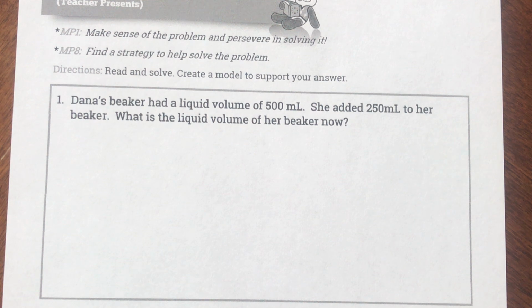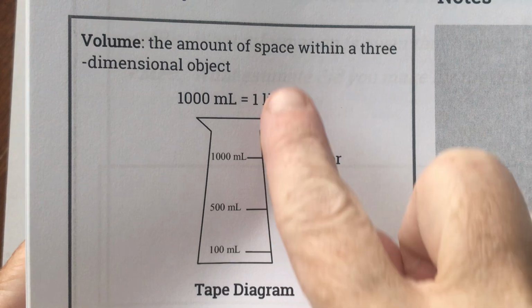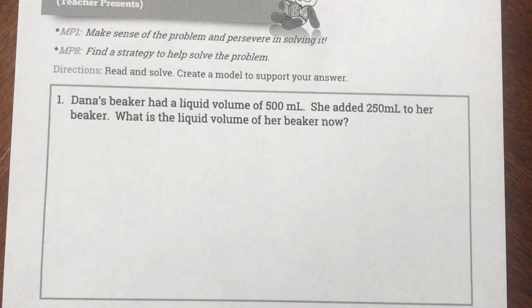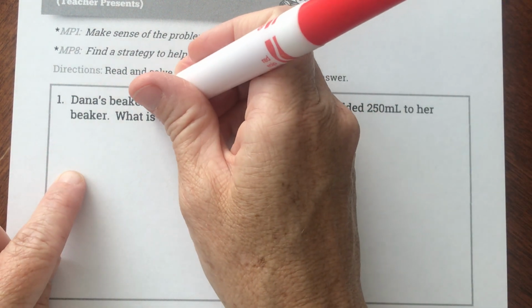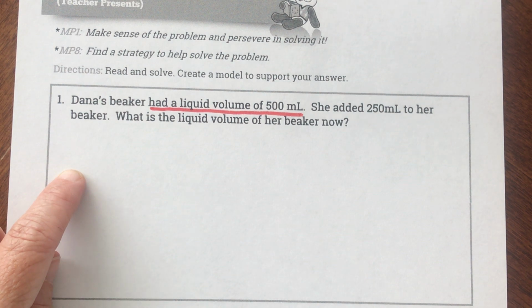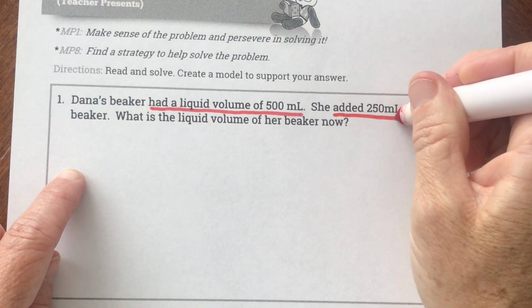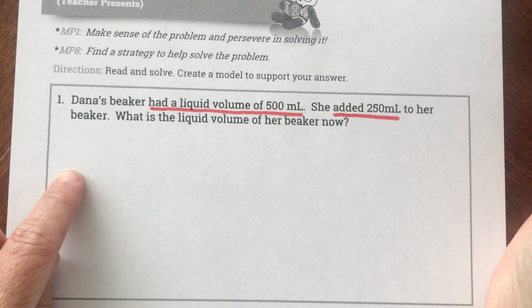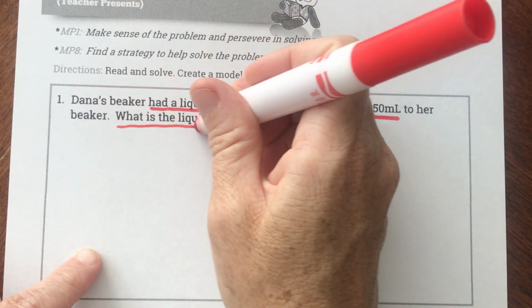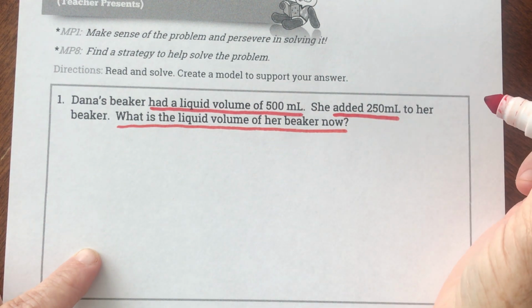Okay, so remember, boys and girls, this is called my beaker, this picture that we were looking at the last few days. So what I see in this word problem is she had 500 milliliters in her beaker, and then she added 250 milliliters. And the question is, what is the liquid volume of her beaker now?